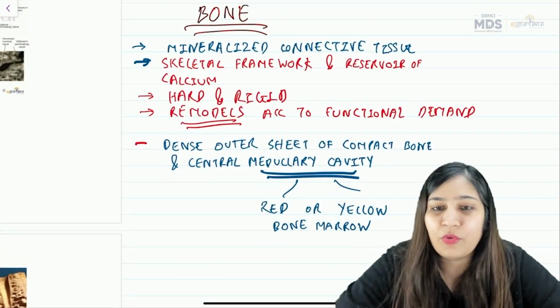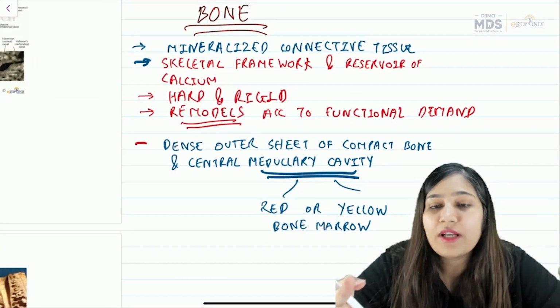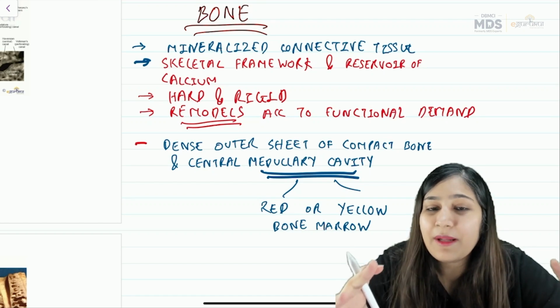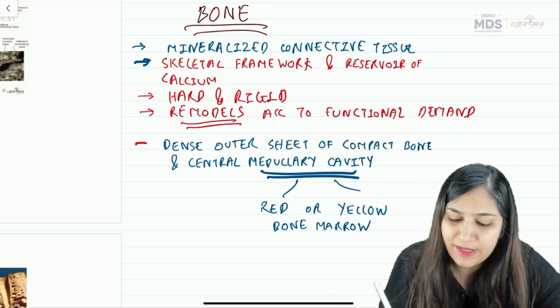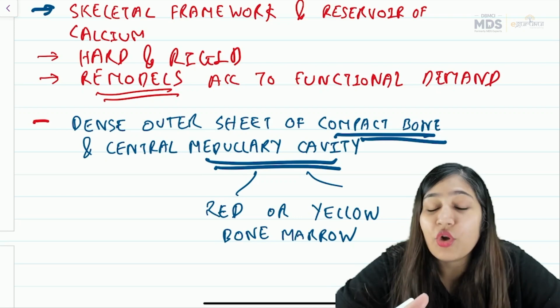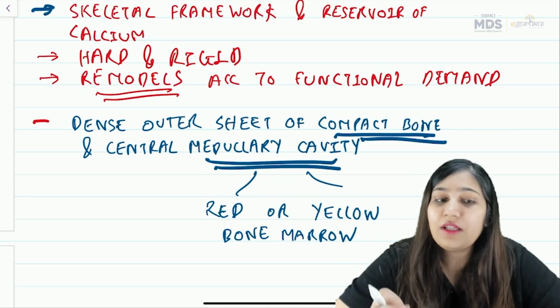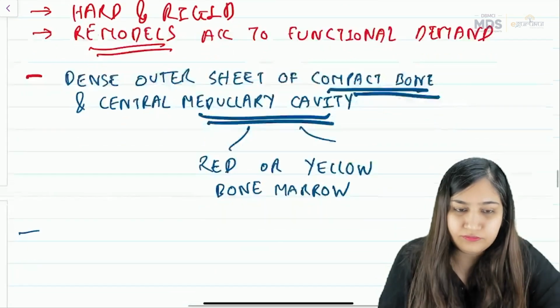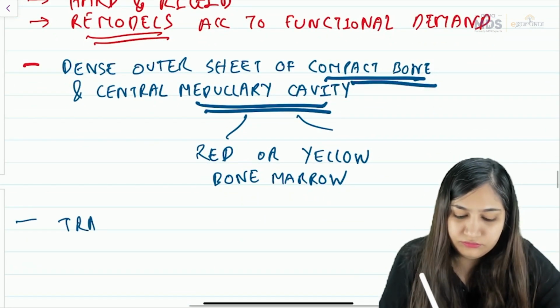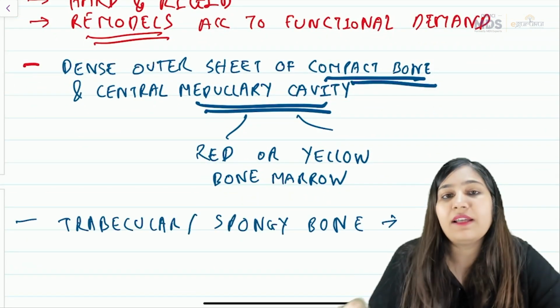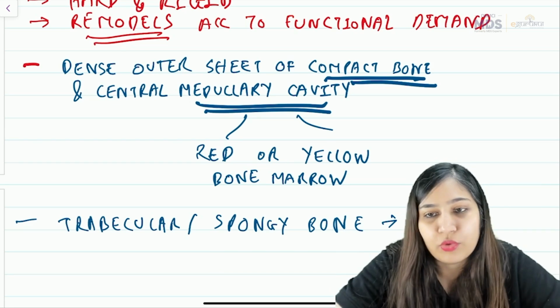The outer sheet is made up of compact bone, and spongy bone or trabecular bone is present at the extremities of the long bone.